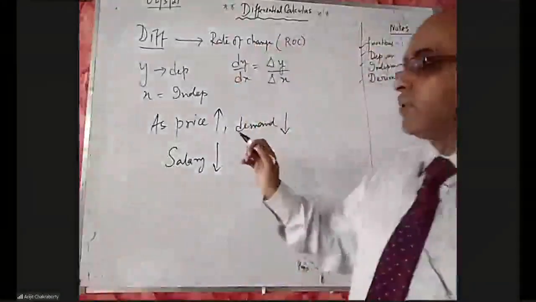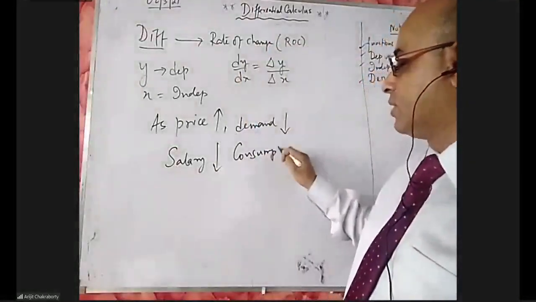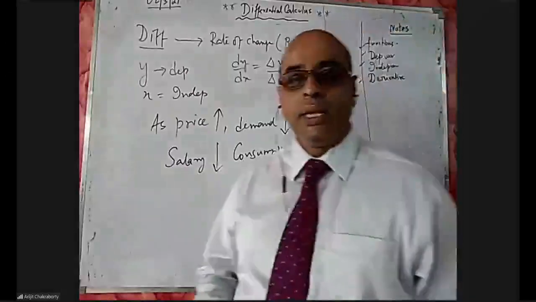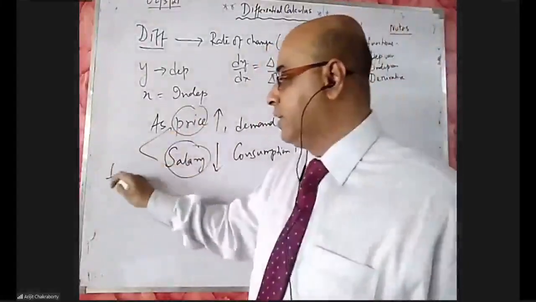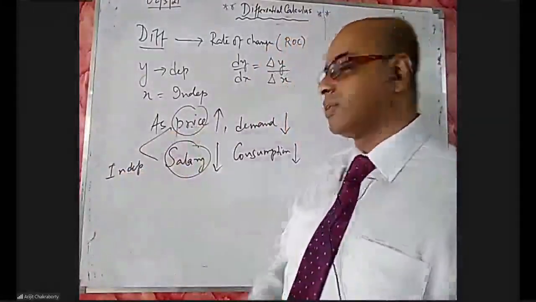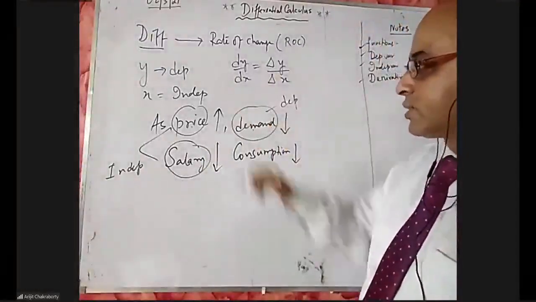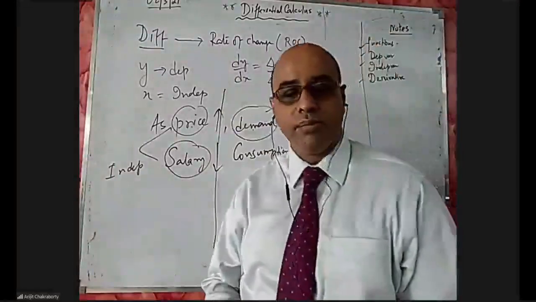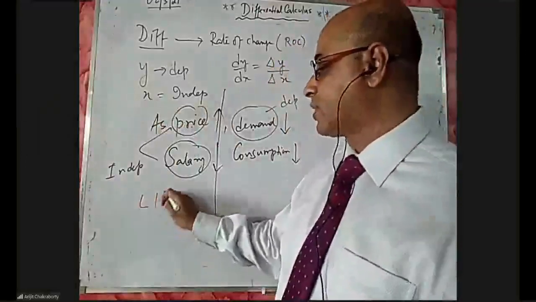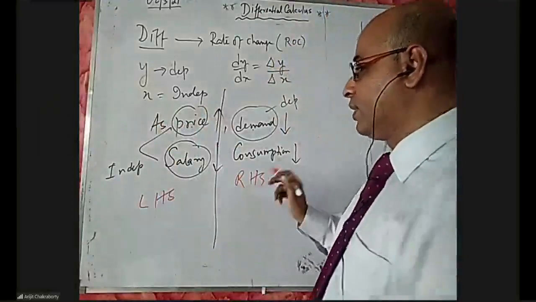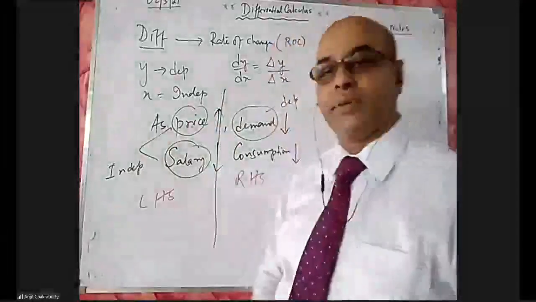So as the salary goes down, the consumption also goes down. Here, salary and price are the independent variables, and based on the price, the demand changes, so demand is the dependent variable. If I break down the entire column into two parts, just for the sake of understanding, the left-hand side is what we are dealing with, the independent variable.